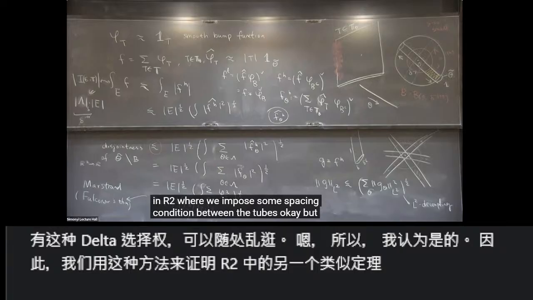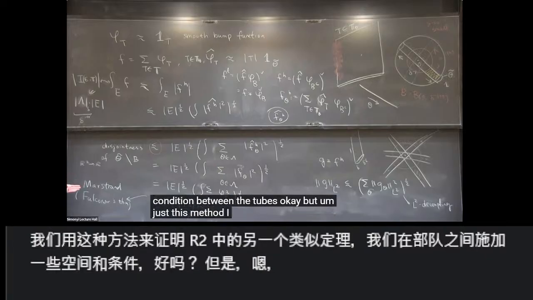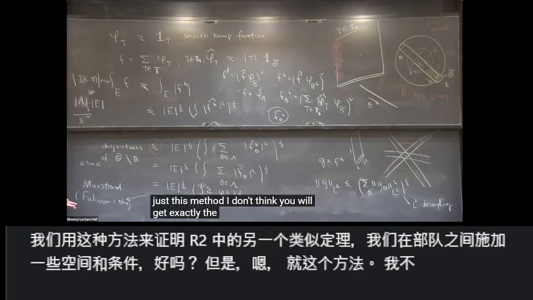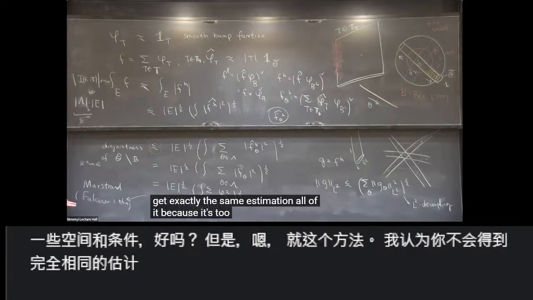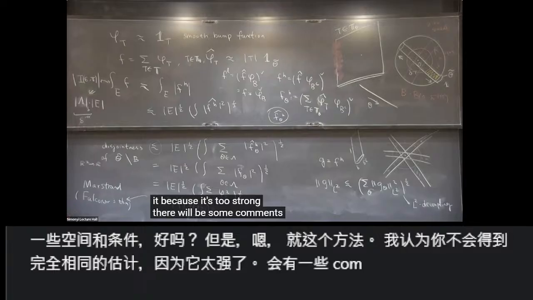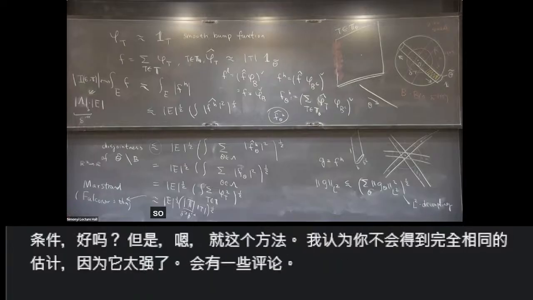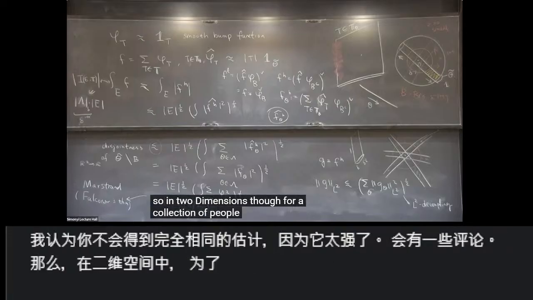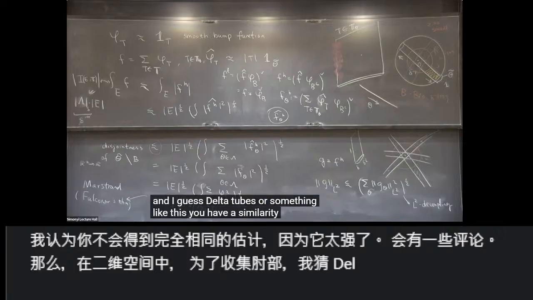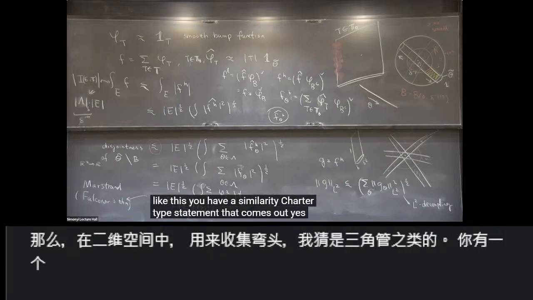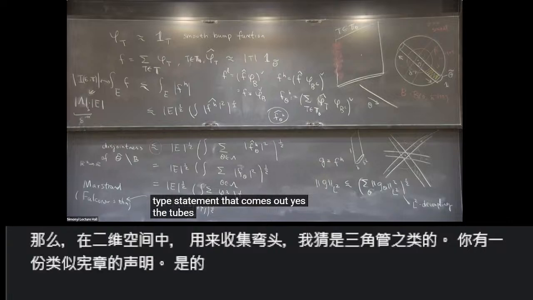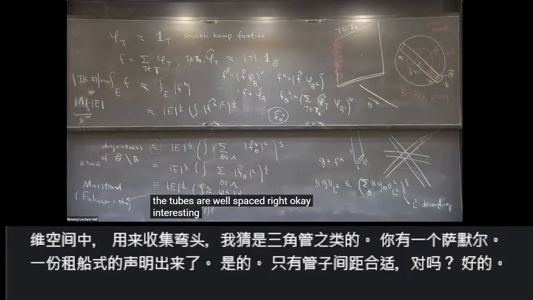But with just this method, I don't think you will get exactly the same estimate, because it's too strong and there will be counterexamples. So in 2 dimensions, for a collection of delta balls and delta tubes, you have a Szemerédi-Trotter type statement, but you can only show it if the tubes are well spaced. Interesting, thanks.